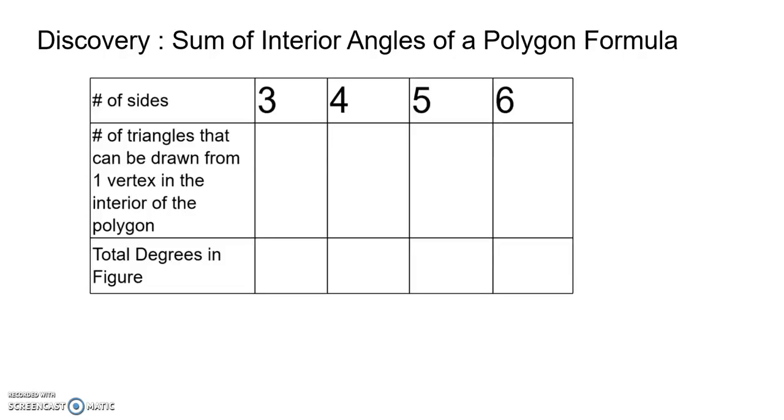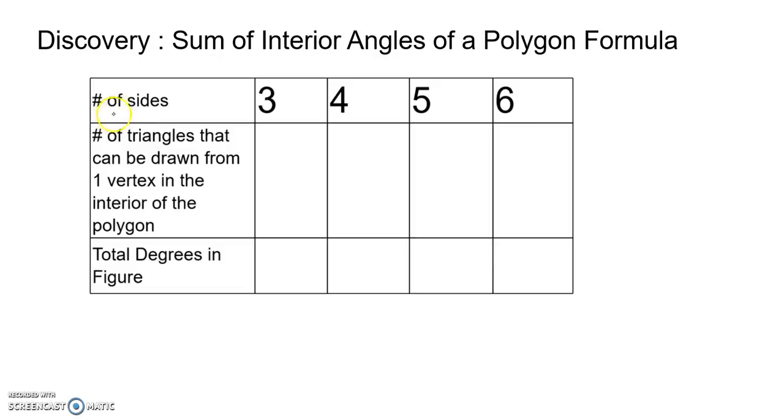So time for some discovery. We have these formulas that come up in section 7.3 that have to do with finding all these interesting things about a polygon. But instead of just giving you the formulas straight out, I want to show you where they come from. And if we don't finish everything in this video, we'll continue on in the second one.